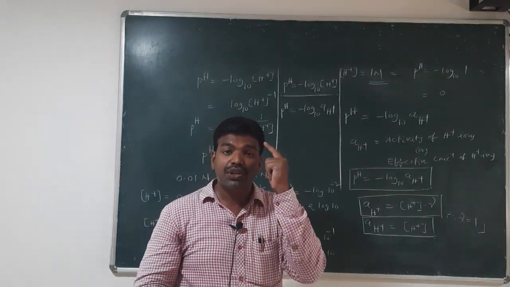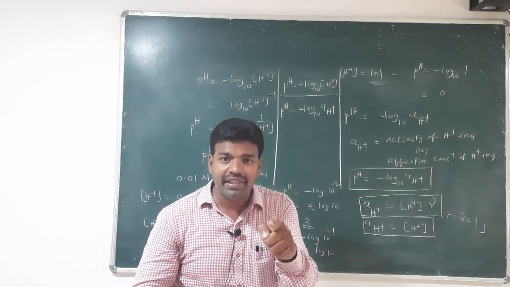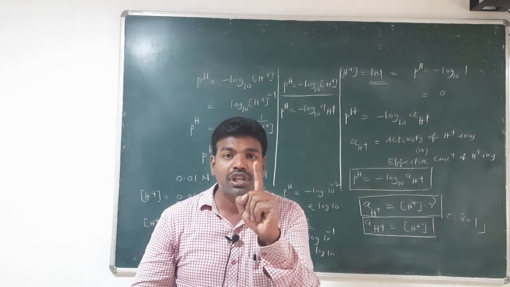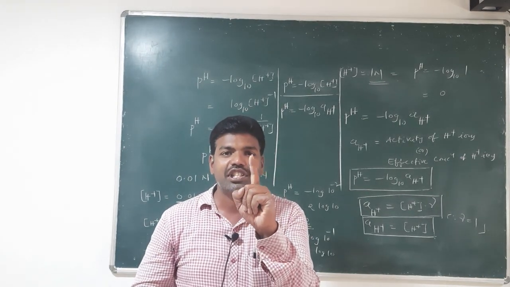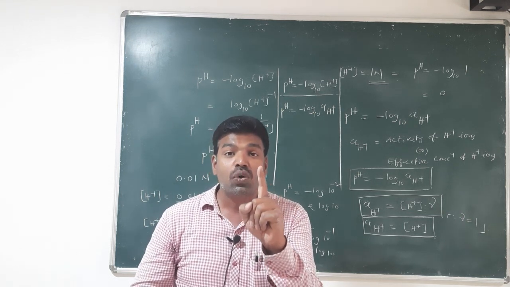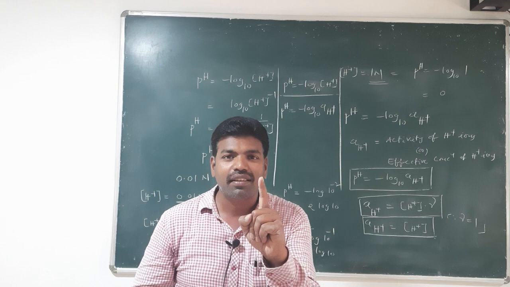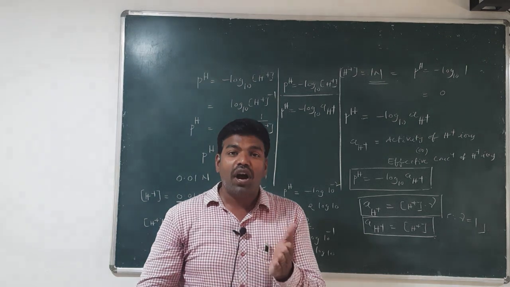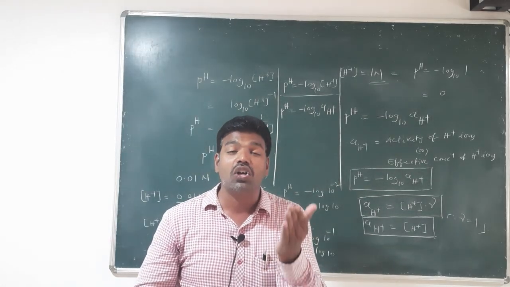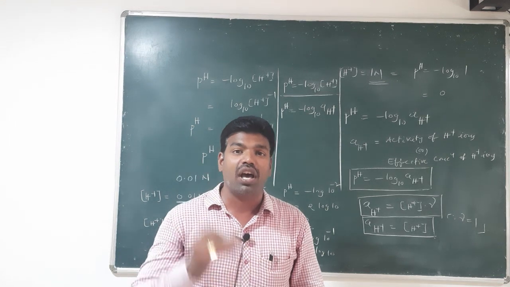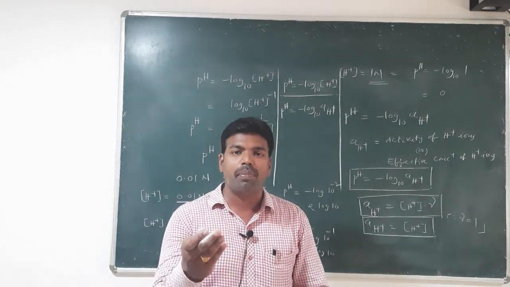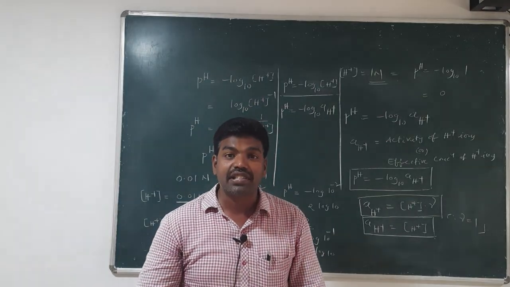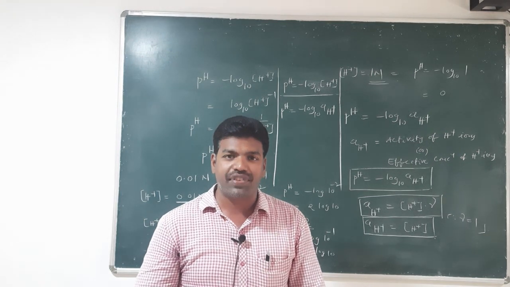So it should be kept in your mind that the definition of pH, that is negative logarithm to the base 10 of concentration of H plus ions, is applicable to only dilute solutions. And if you want to calculate the pH of high concentrated solutions, that is more than 1 normal, 2 normal, 3 normal, like that, then the pH measurement requires use of activity coefficient.